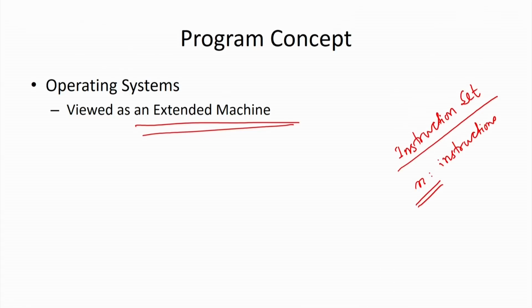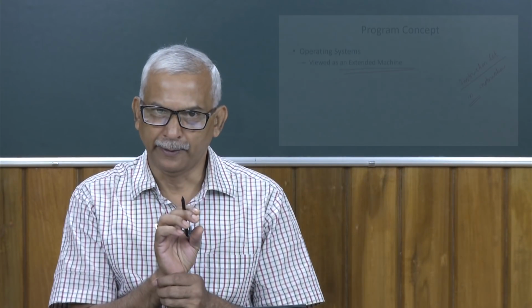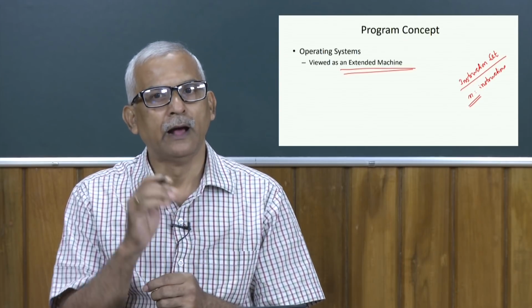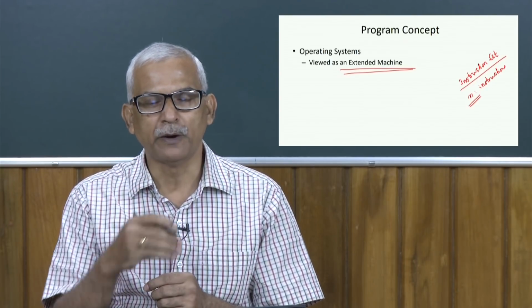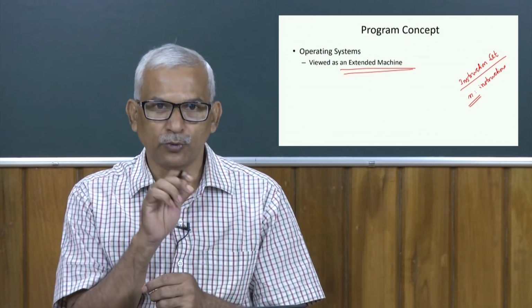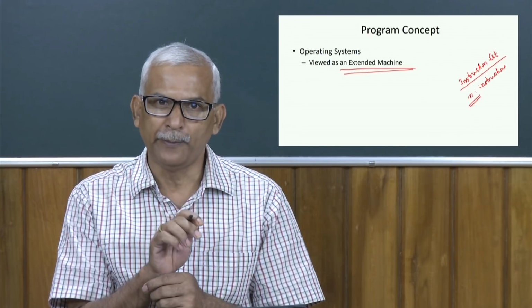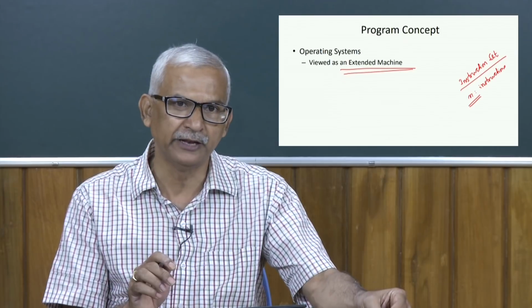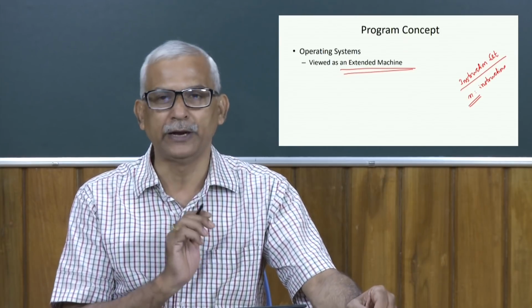So, we have to write a program to perform any operation in that processor with those n instructions only. Now, suppose I store some information in the memory and want to display it on the monitor so that the user can see it. To perform this task, taking the information from memory and displaying it on the monitor, I have to write a program.